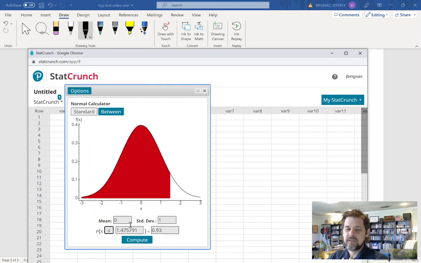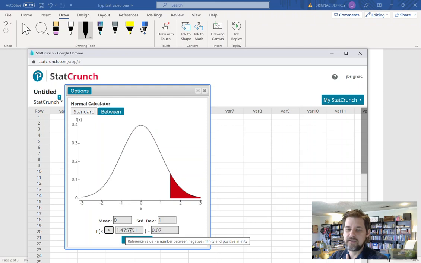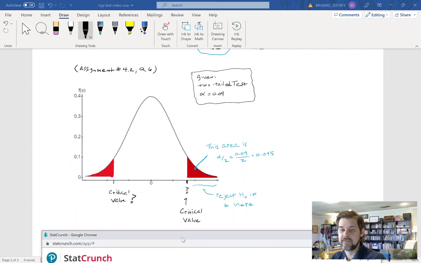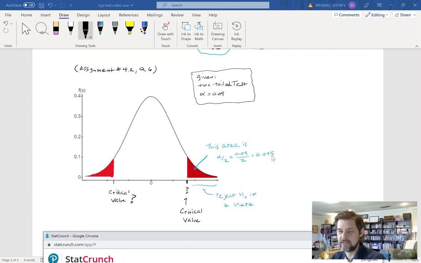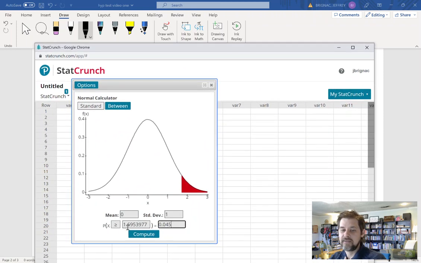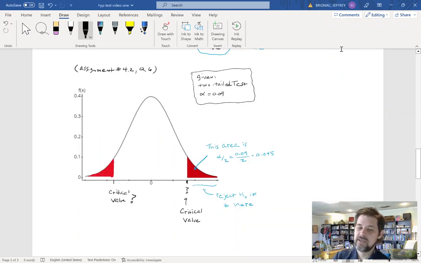So I need to find the number with this area being 0.045. I need to find what that is. It says that number right there is 1.695. Okay, so I found it, 1.69. So there's that one, and this one will be negative 1.69.